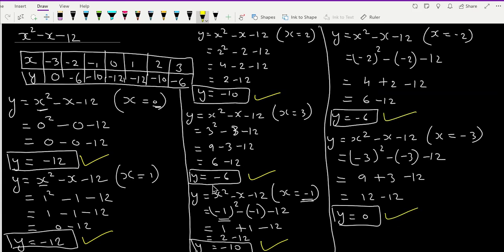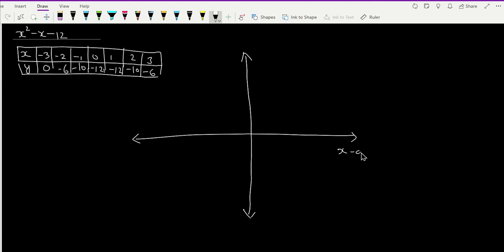Now with the help of these values, we have to plot a graph. Okay. Now let us see how to plot a graph. If you plot the graph, you will get a graph like a parabola. I will show how you will get the graph. So this is the x-axis and this is our y-axis. Here I am taking the points. This is our 0, this is 1, 2, 3.